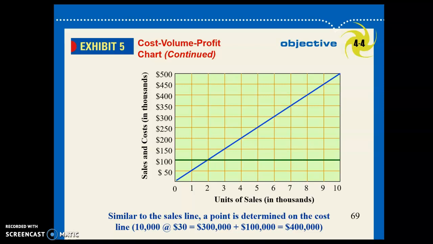Then I add my 100,000 fixed costs, so 300,000 variable costs and 100,000 fixed costs is a total of $400,000 of costs if I sell 10,000 units. So I go across from the 400,000 and up from the 10,000 units, and that's my point for my total costs.